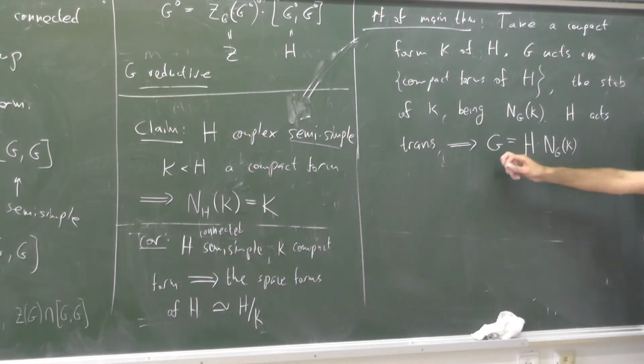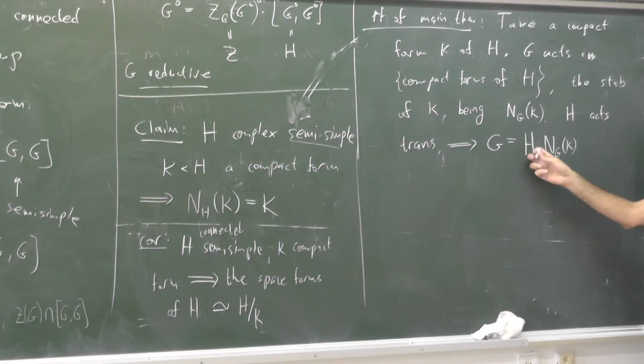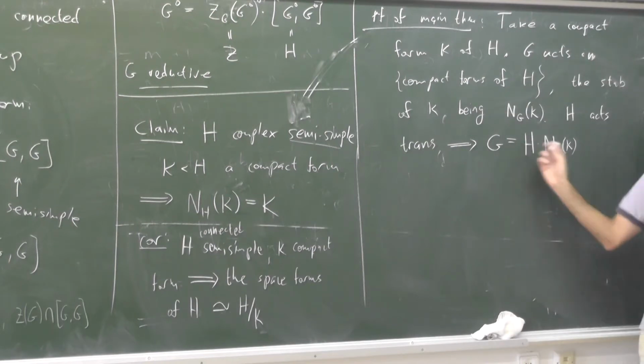Every element in G can be written as an element in H times an element here. Of course, not uniquely. The non-uniqueness is given by some element of K. I mean, the intersection of these two is K.